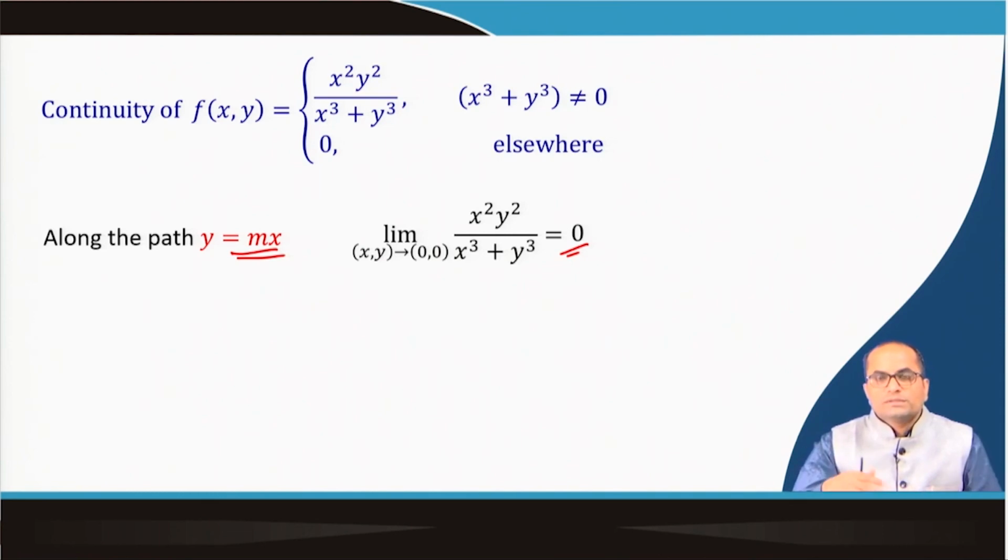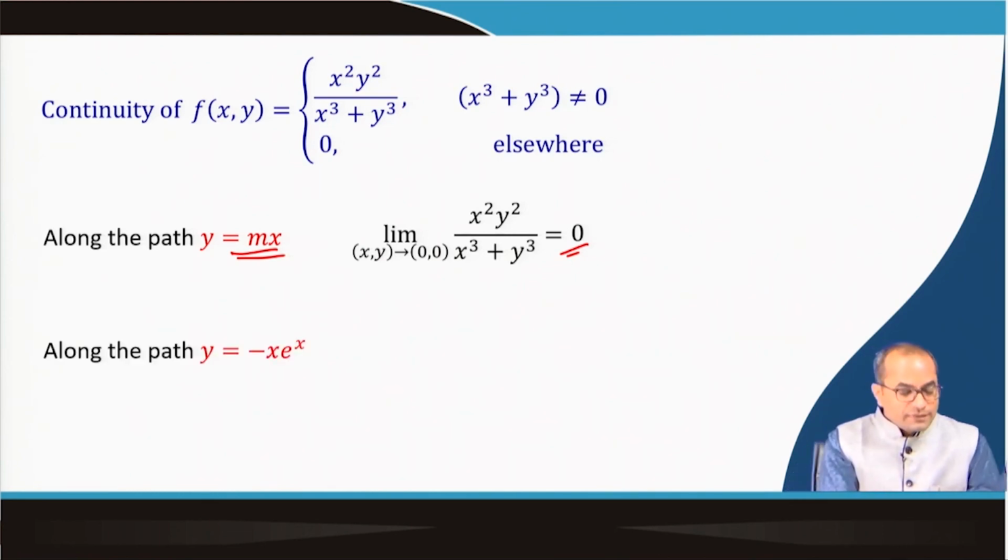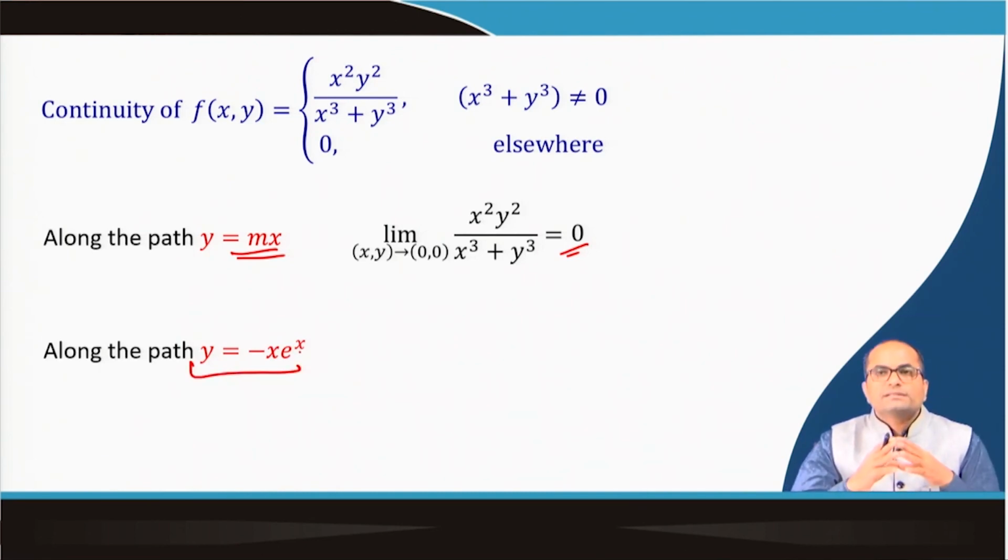This is along some fixed paths, a very special kind of path, and that is the difficulty in some questions, where we cannot find out which path we should choose so that the limit is different, or to show that the limit does not exist.